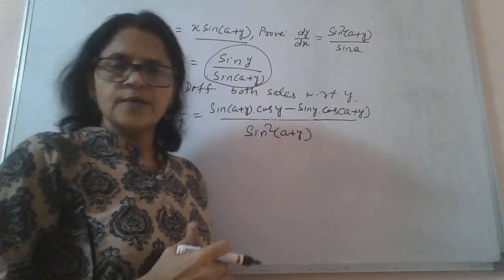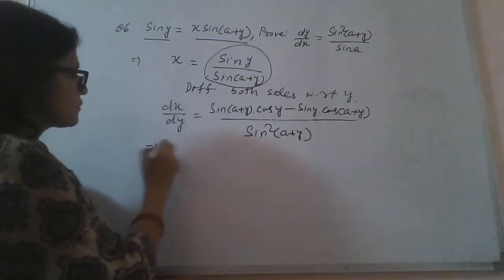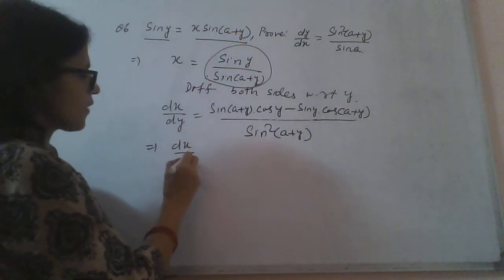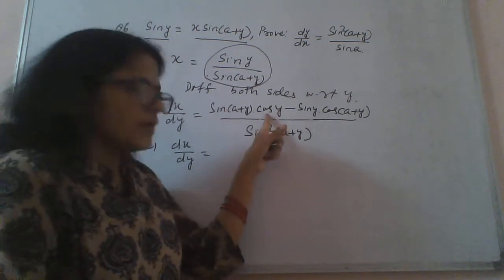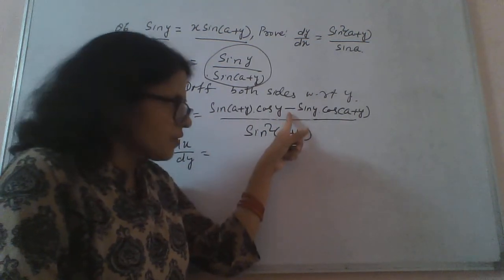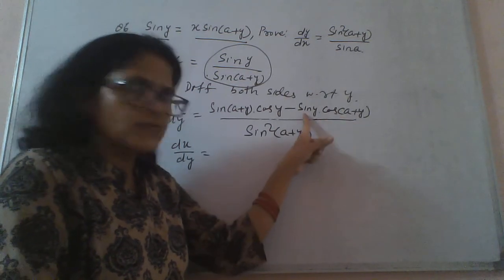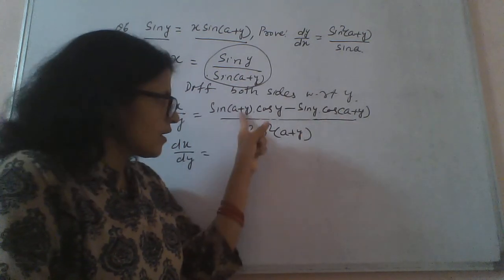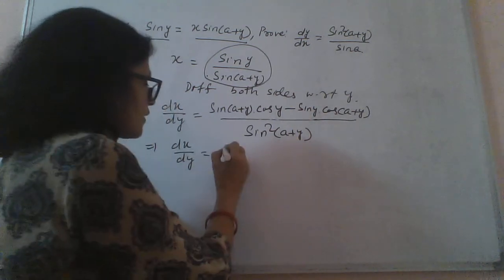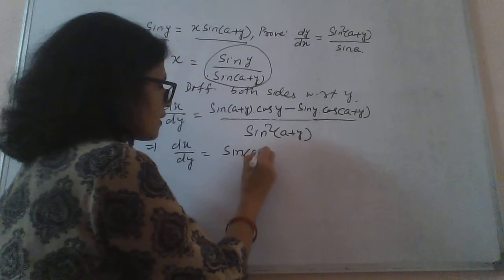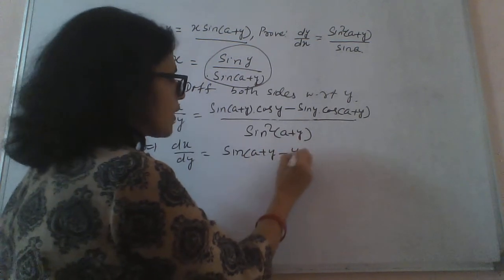I hope it is clear. So dx by dy is sin(a plus y) into cos y minus cos(a plus y) into sin y, meaning sin A cos B minus cos A sin B. We are getting sin(a plus y minus y).